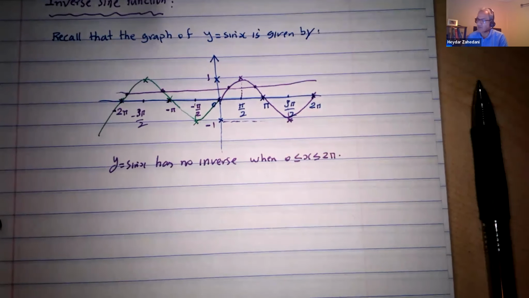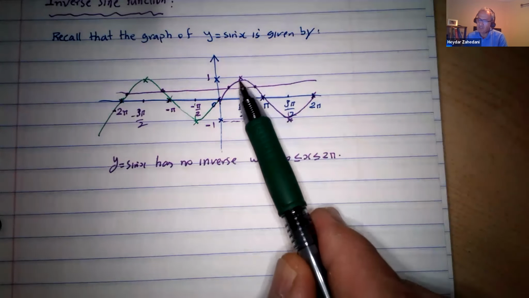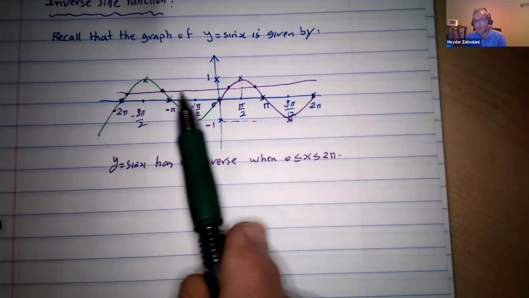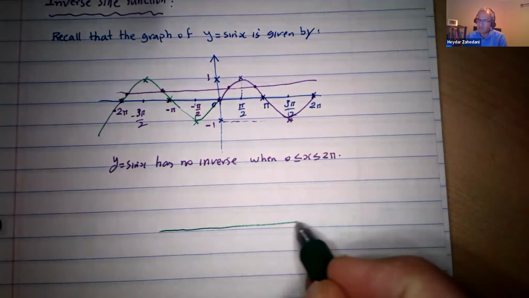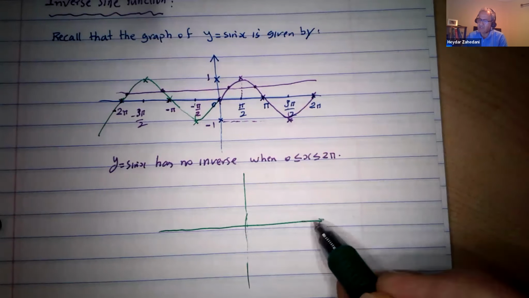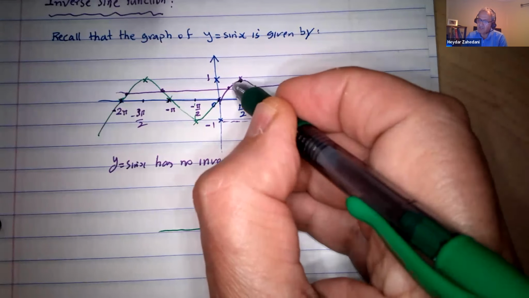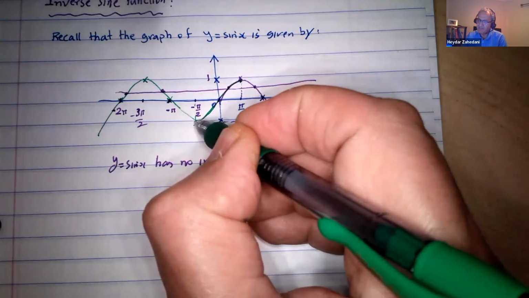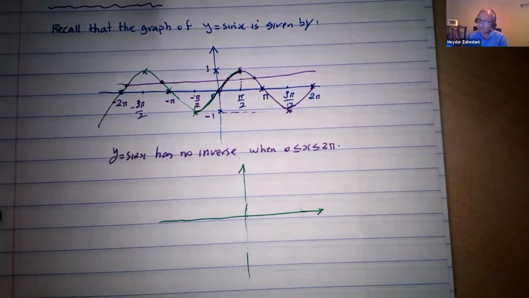So what we are going to do is restrict the domain of this function. You have to restrict it so this graph won't have this property. There are different ways to restrict it. One way that we can restrict it is to consider the graph in this interval only, between negative pi half and pi half.